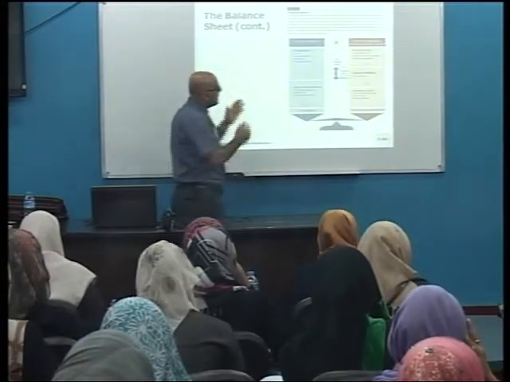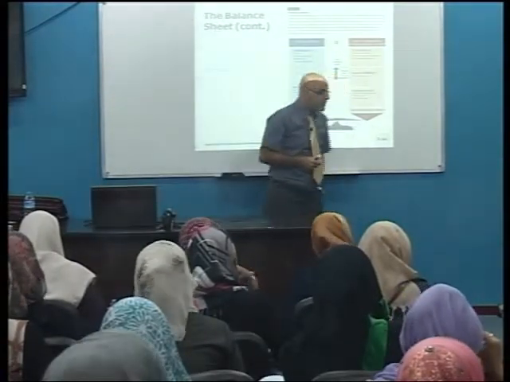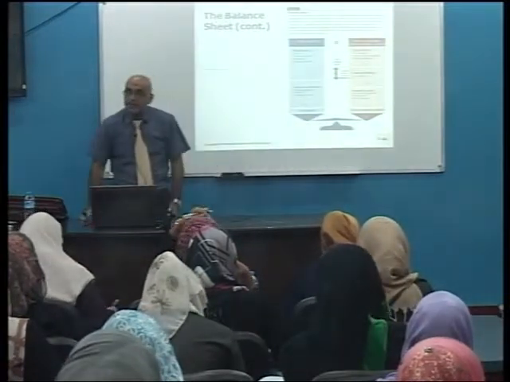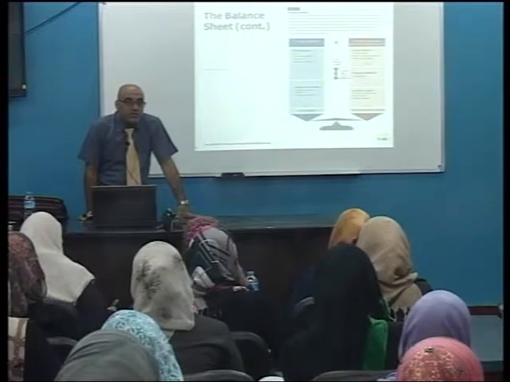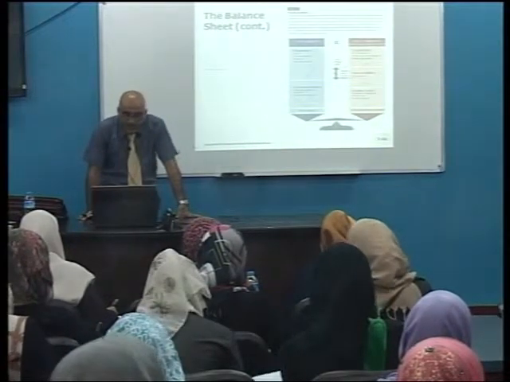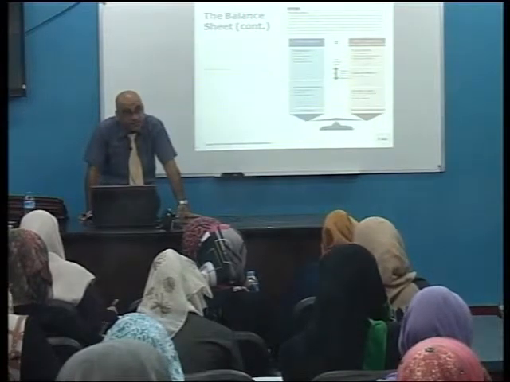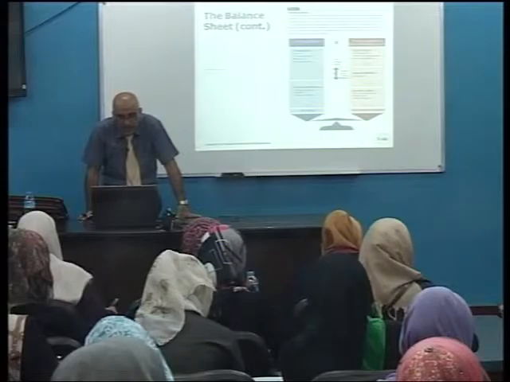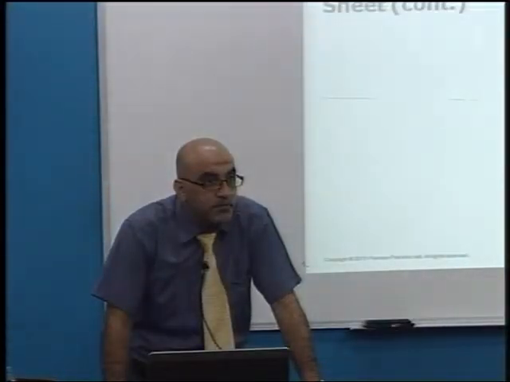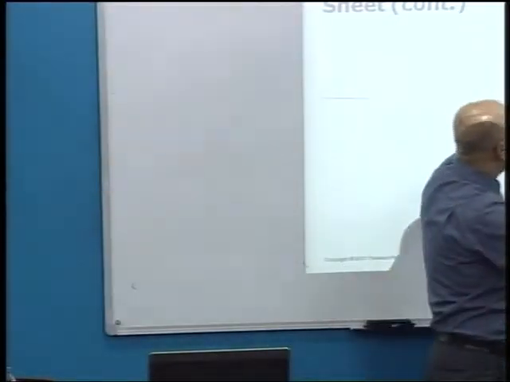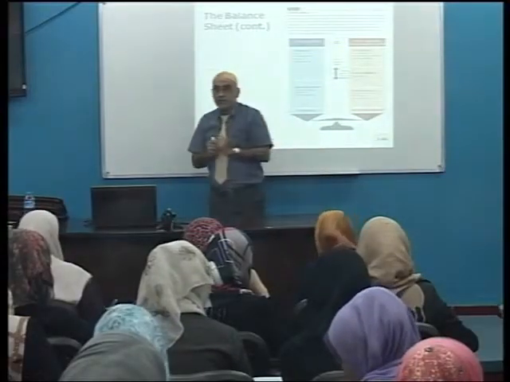If you look at the right-hand side, we have the current liabilities. Again, the current liabilities are short-term liabilities, which include accounts payable, notes payable, short-term loans, and other current liabilities.